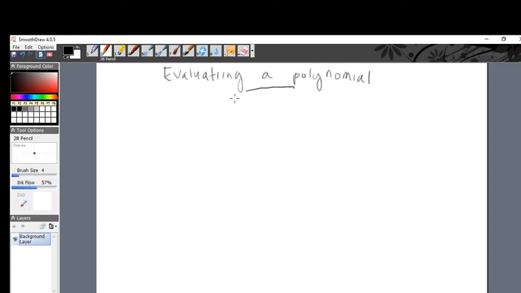Then we're going to talk about something that sounds pretty fancy: the remainder theorem. We're going to use the remainder theorem to evaluate a polynomial.